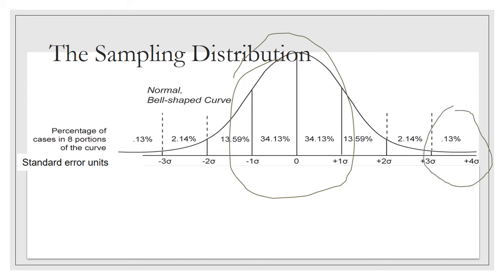There are rare circumstances, though. There are still occurrences, but when you get out really far, plus or minus 3 standard errors away from the middle, it happens only about 0.13% of the time. And even 2 standard errors away, the area under the curve, one for each tail, is about 2.14%.